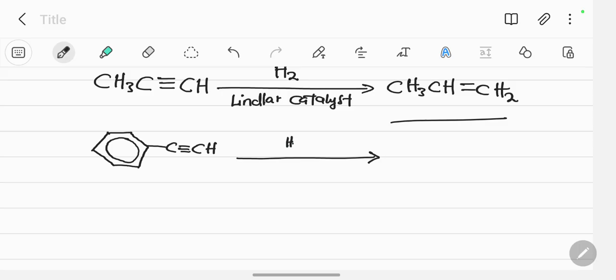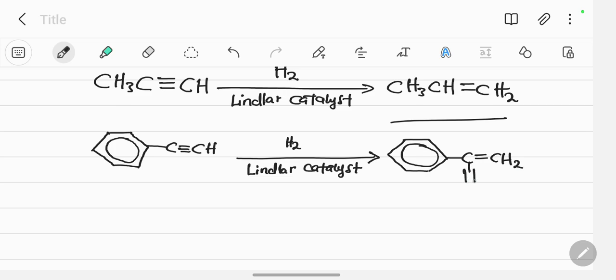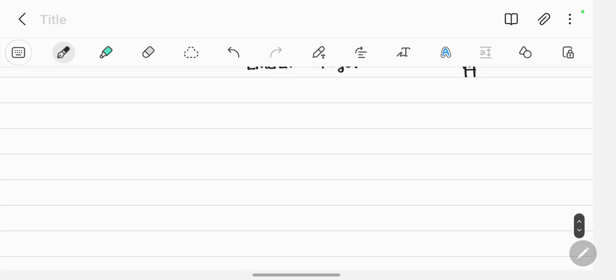It's going to have hydrogen and Lindlar catalyst, giving us C double bond CH2, H like that.